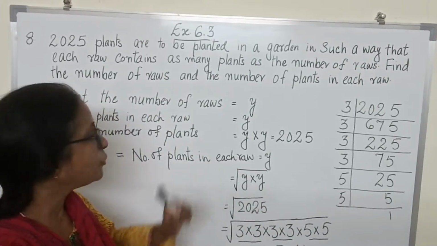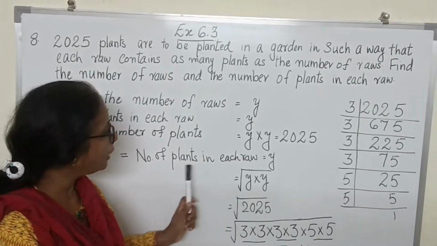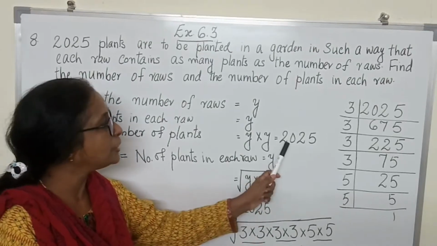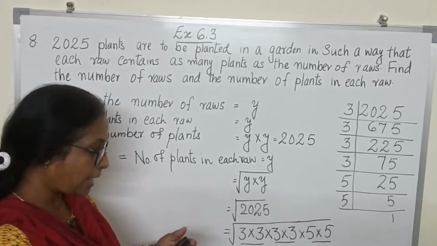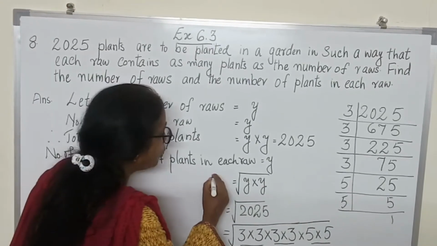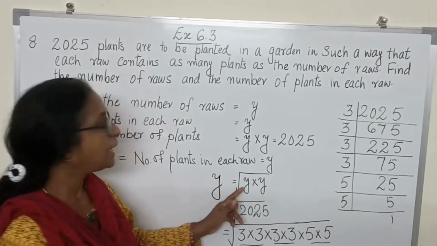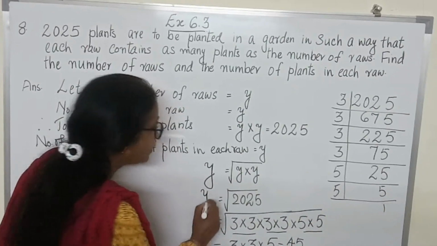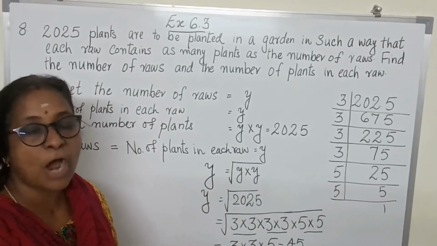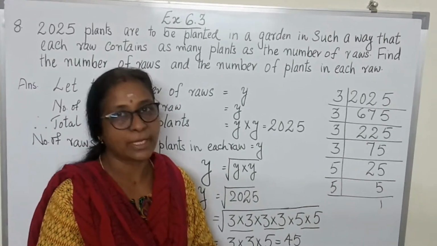Now how to find the value of y? If y multiplied by y is 2025, then y will be equal to the square root of 2025. Now you know how to find the square root of any number.